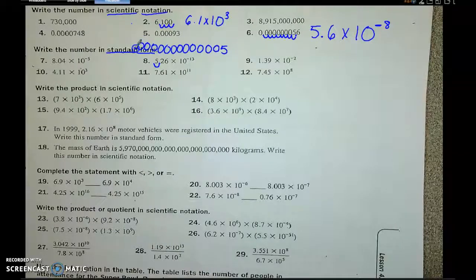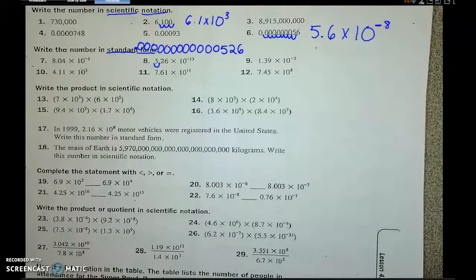And the decimal will go right there. I'm still going to put my 526. So our answer has those 12 zeros, then 526. A tiny, tiny little number for number 8.